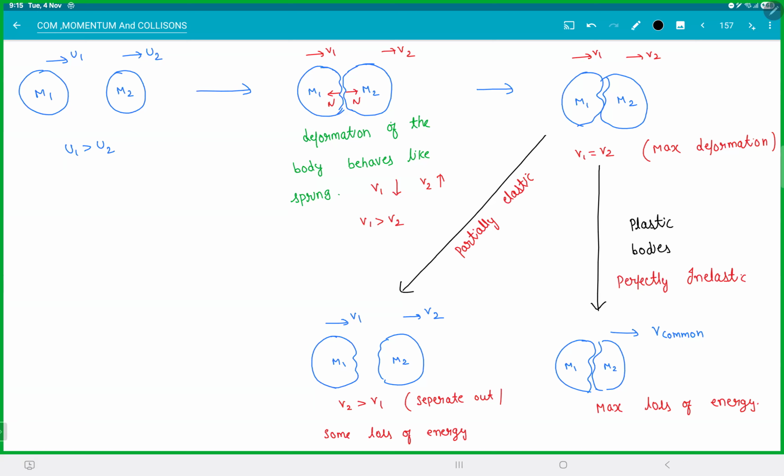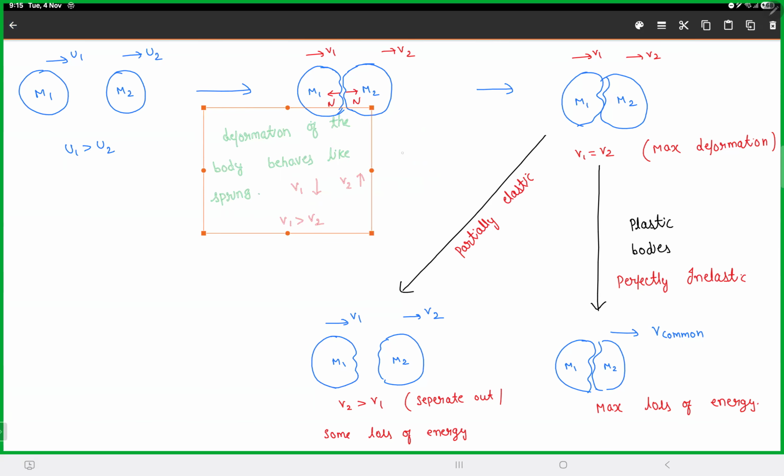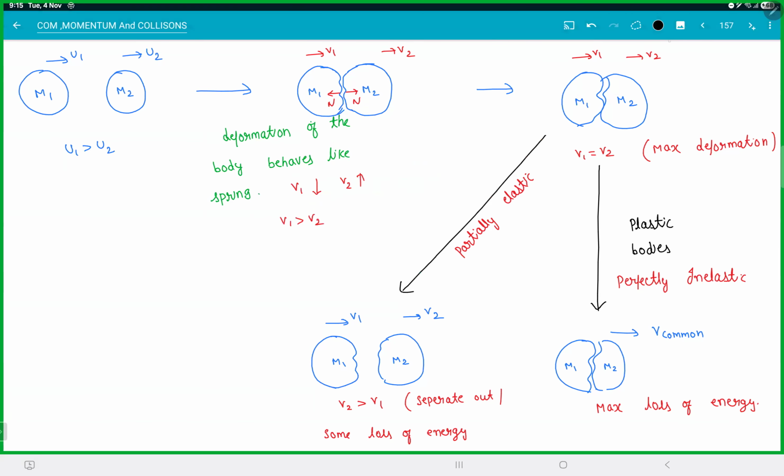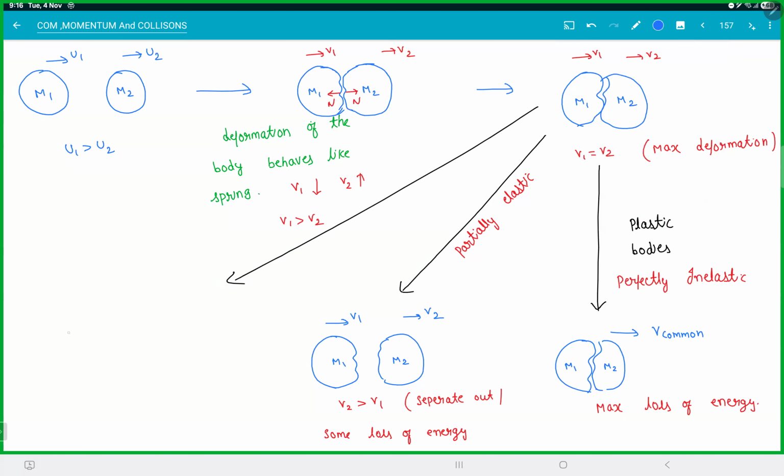How do I draw this? The bodies will completely recover, the deformation completely comes up. The bodies become normal. This generally happens with your billiard balls.